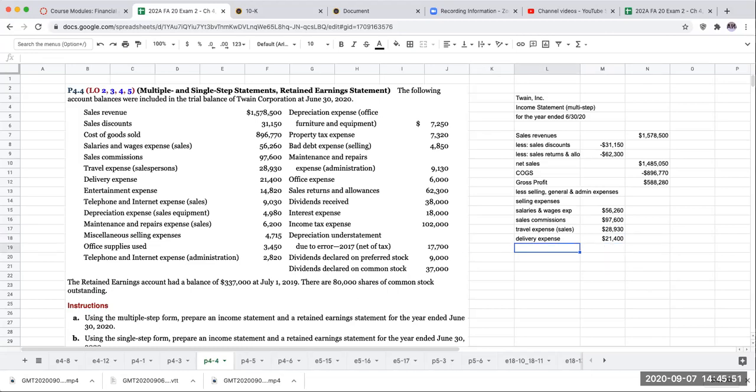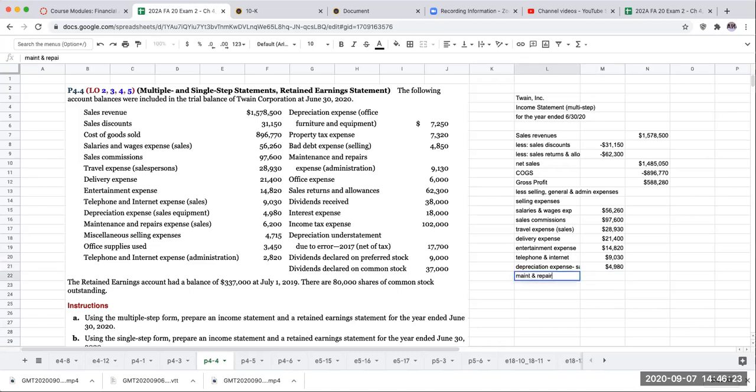Entertainment expense. I would assume that the entertainment expense relates to the salespeople. So my entertainment expense was $14,820. My telephone and internet was $9,030. My depreciation expense for sales equipment is $4,980.